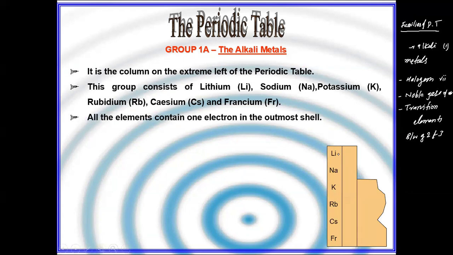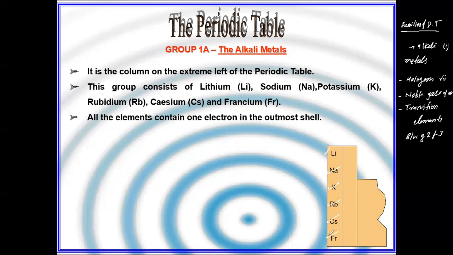This is lithium, this is sodium, this is potassium, this is rubidium, this is cesium, this is francium. So these elements are basically group 1 elements: lithium, sodium, potassium, rubidium, cesium, francium.